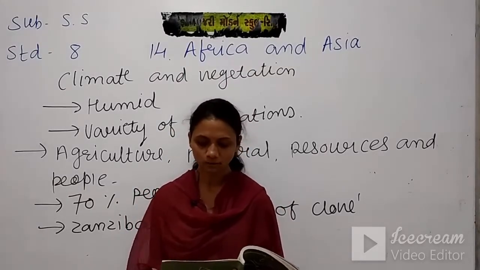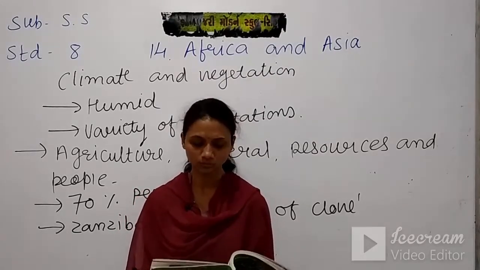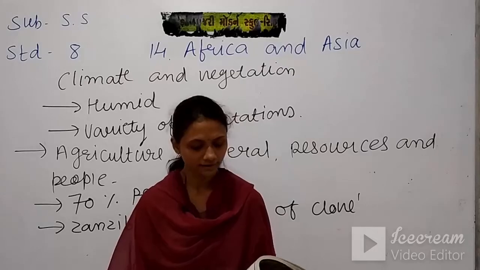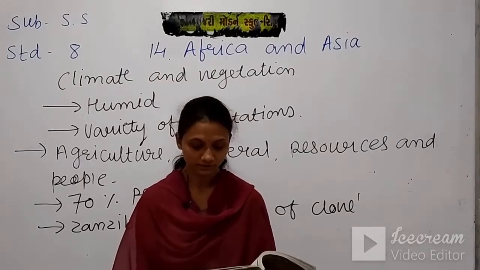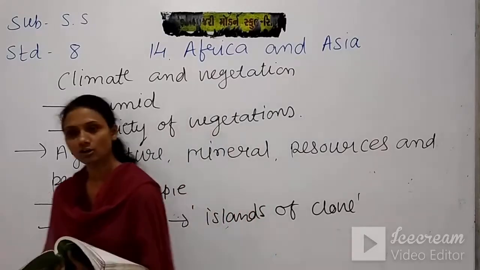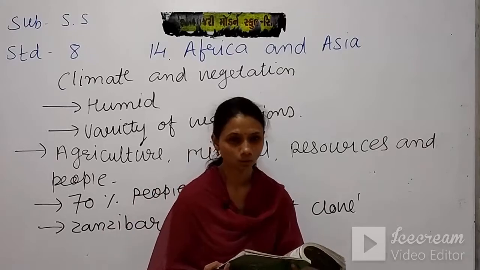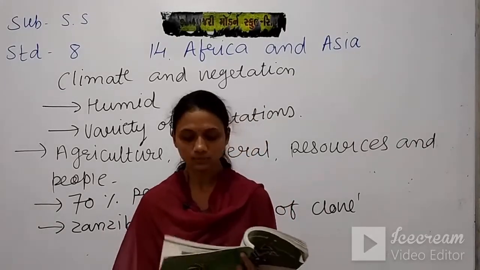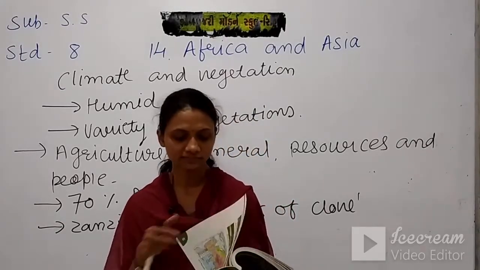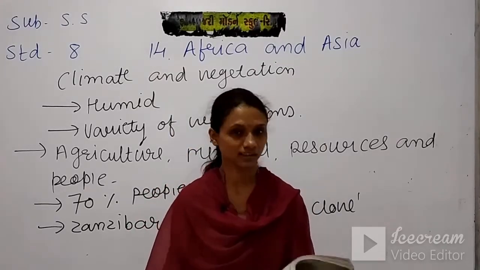Various minerals like gold, diamond, copper, uranium, manganese, etc. are found from the mines of Johannesburg and Transvaal of South Africa. Mineral oil is found in Egypt and Libya. If we talk about Egypt and Libya, there we can get mineral oil. And from Johannesburg and Transvaal of South Africa, we can get gold, diamond, copper, uranium. Very important things for us.